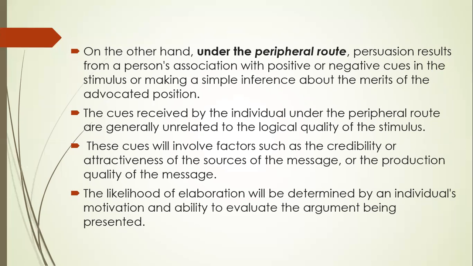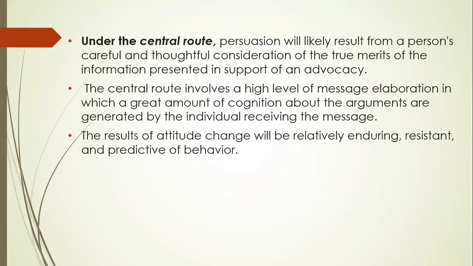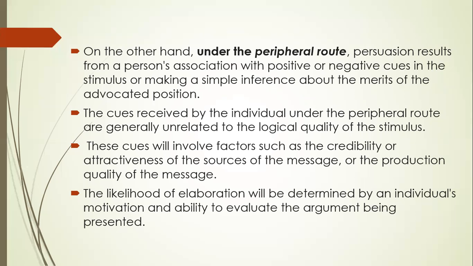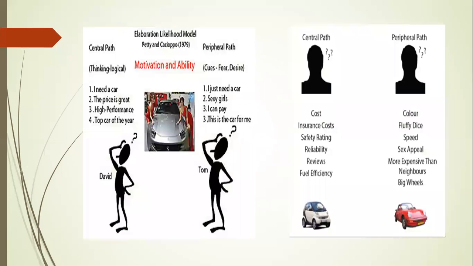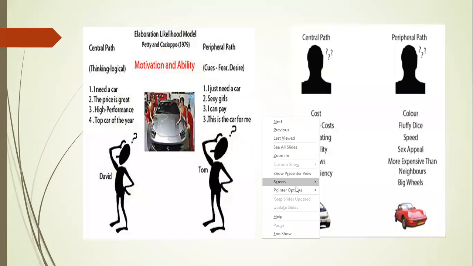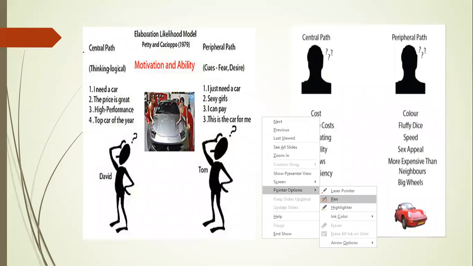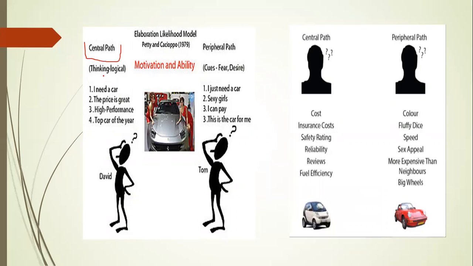So it's all about the consumer, whether he is going through the central route or the peripheral route. Let's look at an example of elaboration while purchasing a car. On the left side, the central path, you think logically.